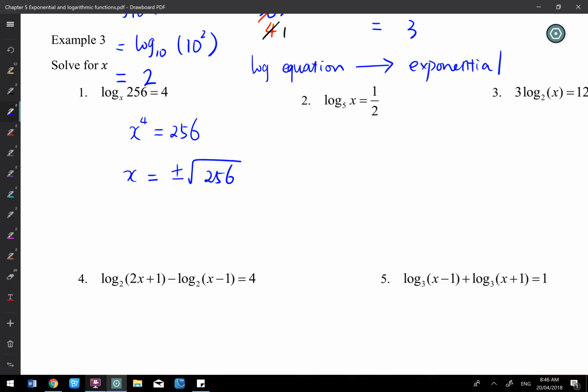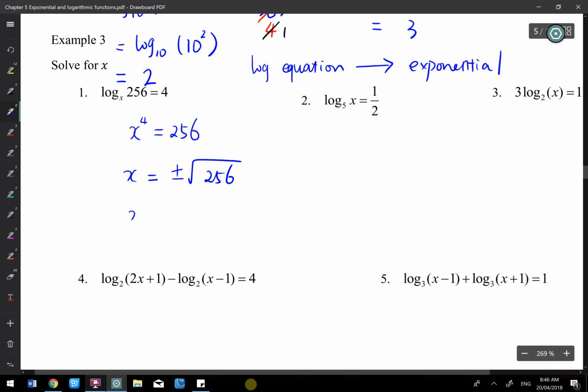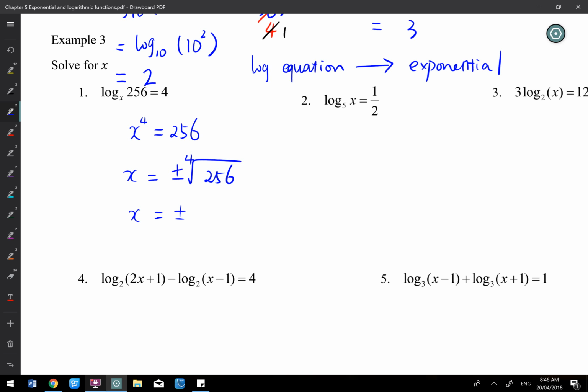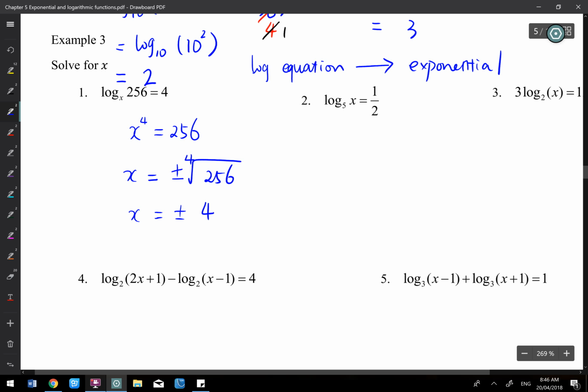Like if you forget the original question, you just solve x to the power 4 equals 256, you will have plus minus. So your x solved out will be plus minus, sorry, not square, like root 4. So you will have plus minus 4. Okay, 16 times 16, yes, 256. So it's plus minus 4.